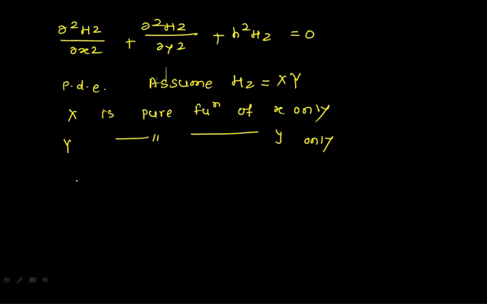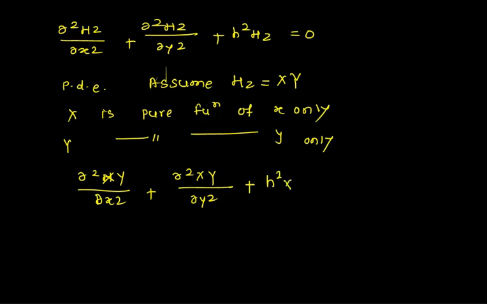You can write this equation, Hz is XY, so d square of XY by dx square plus d square of XY by dy square plus h square XY.